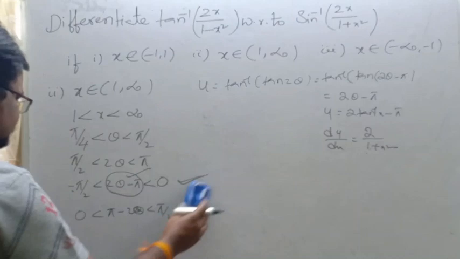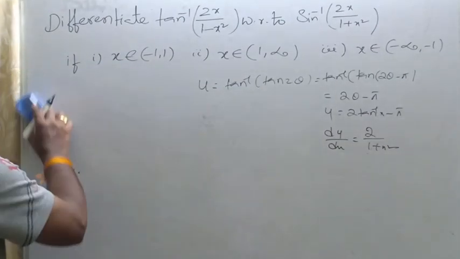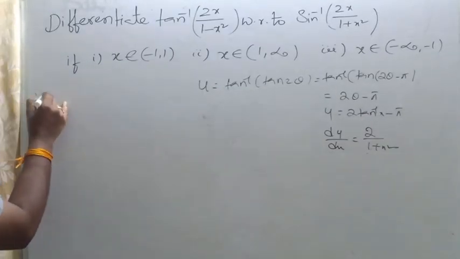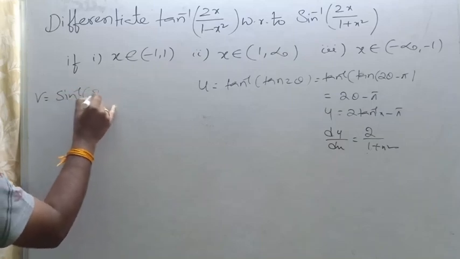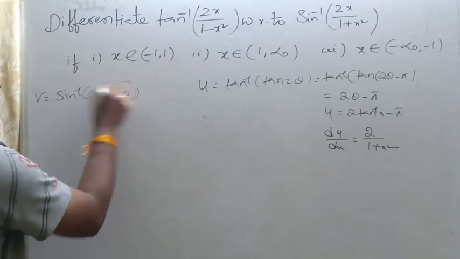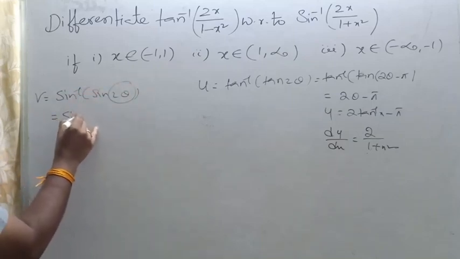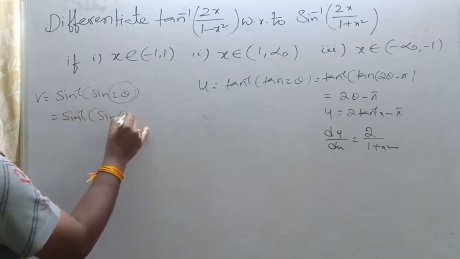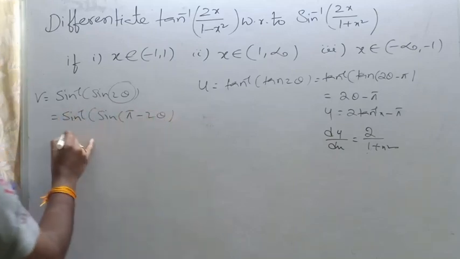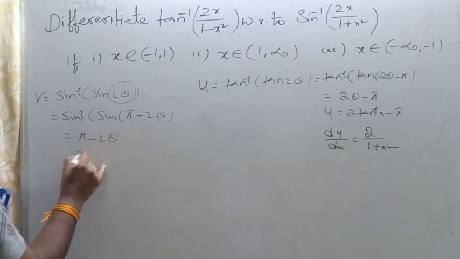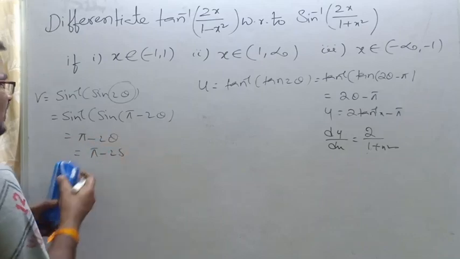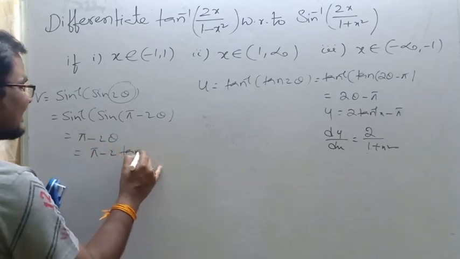Next, if you take v equal to sine inverse of sine 2 theta, here we have to replace: v equals sine inverse of sine of pi minus 2 theta, that is equal to pi minus 2 theta, which is pi minus 2 tan inverse x.